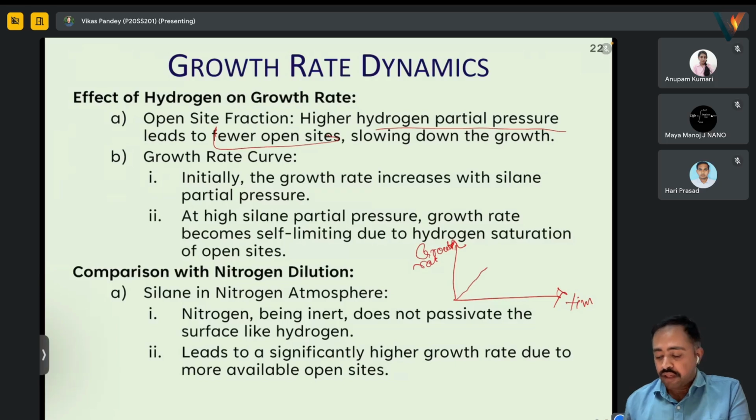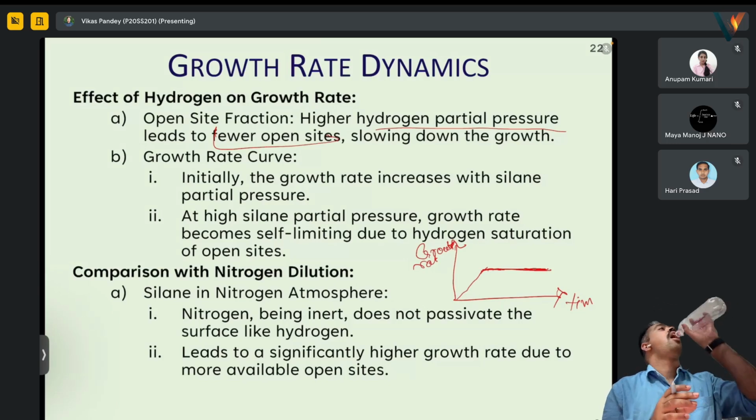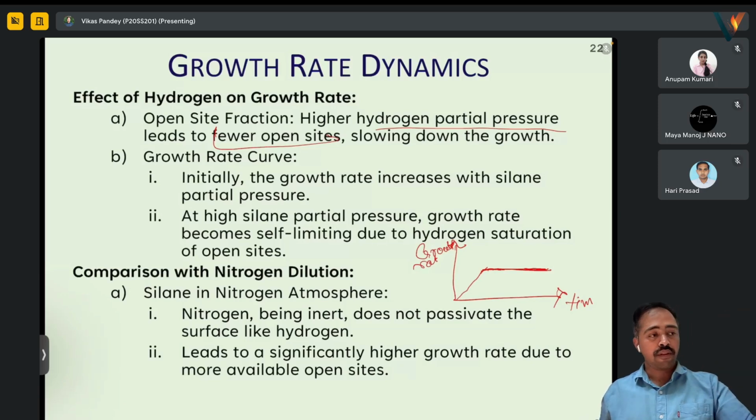Okay. When the silane has reached some higher pressure, it will become self-limiting. It will almost become constant or slowly slow down. It will saturate the growth rate and slow down eventually due to the hydrogen saturation of the open sites.